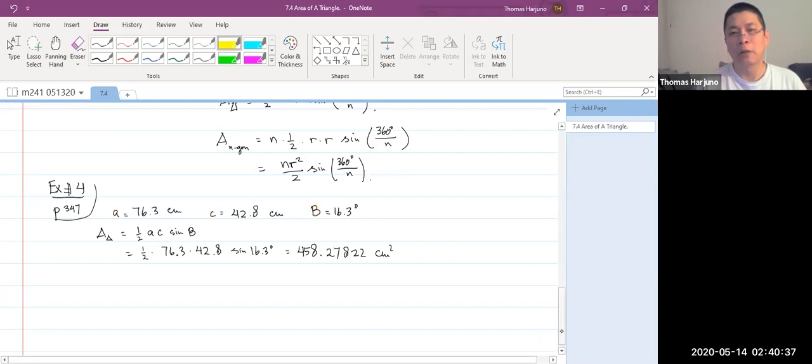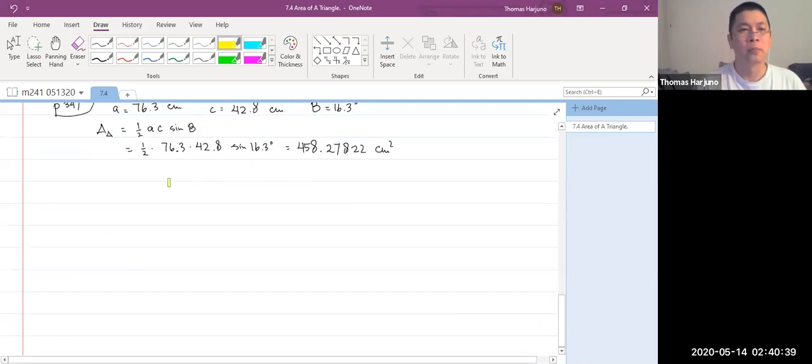Now let's see the second part. Part 2. What if we have two angles and one side, an included side?